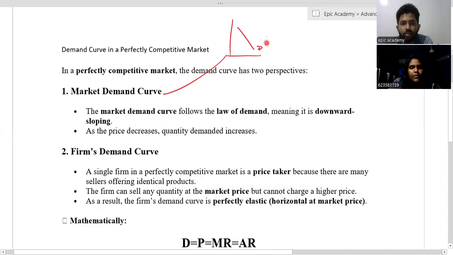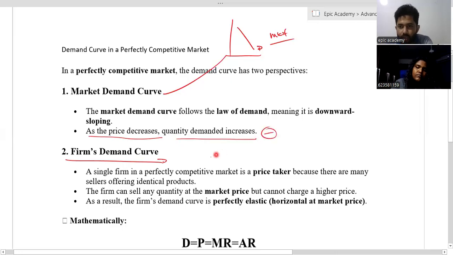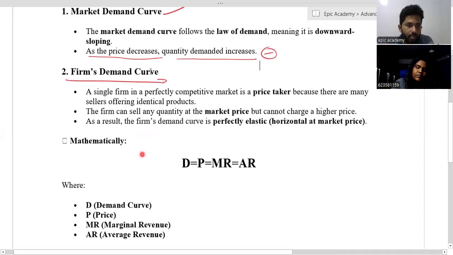This is the demand curve in the market of a perfectly competitive market structure. As the price decreases, quantity demanded increases. Same negative relationship, okay?